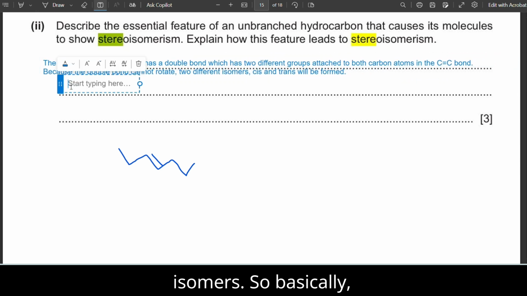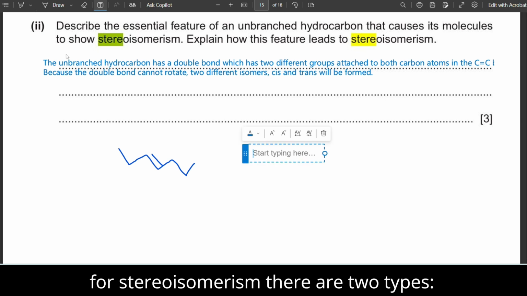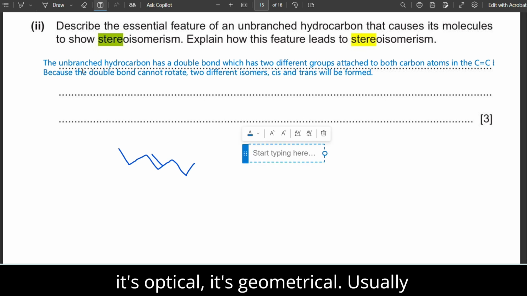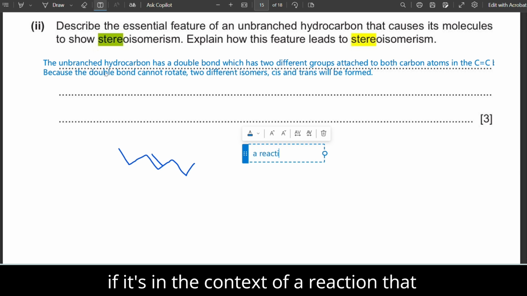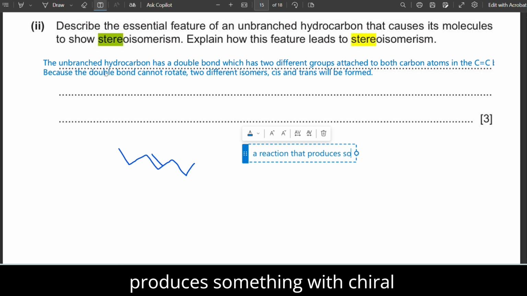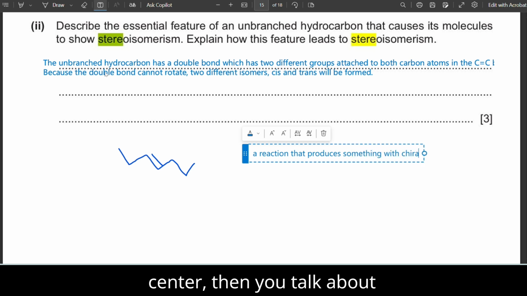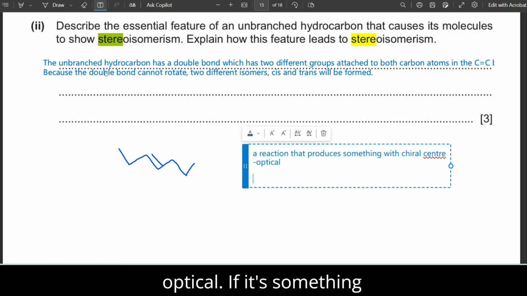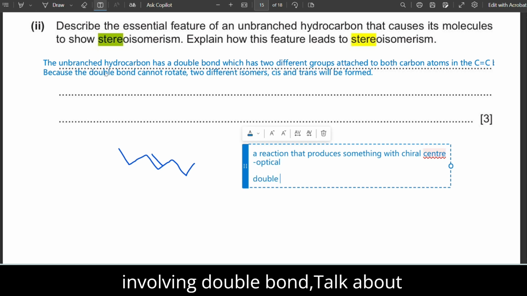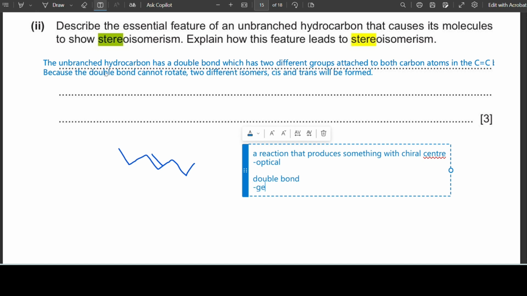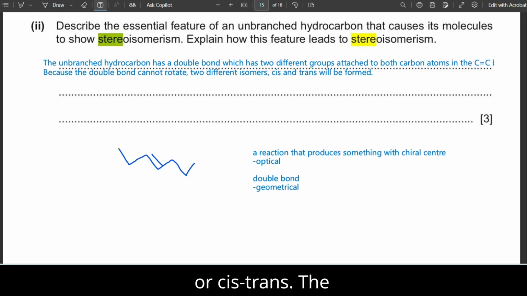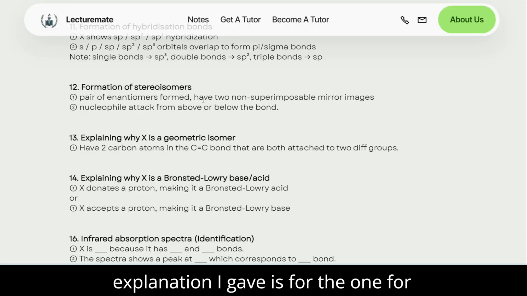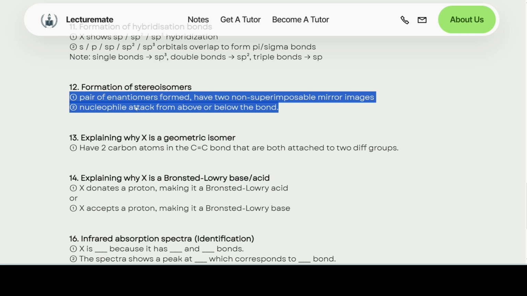So basically, for stereoisomerism, there are two types. It's optical, it's geometrical. Usually, if it's in the context of a reaction that produces something with a chiral center, then you talk about optical. If it's something involving a double bond, talk about geometrical or cis-trans. The explanation I gave is for cis-trans isomers.